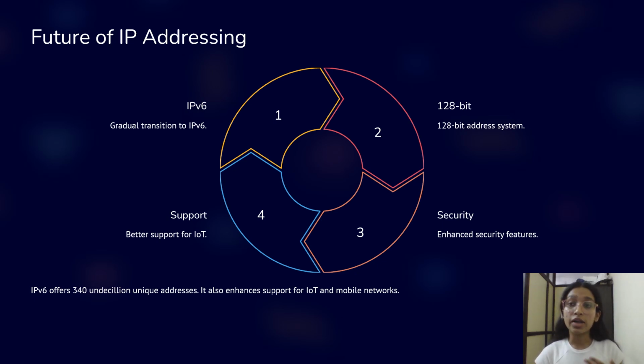It will have enhanced security features as well as better support for IoT, that's the Internet of Things. IP version 6 offers 340 undecillion unique addresses, which is quite a lot, and is actually expected for networking. Hence, it will enhance the support for IoT and mobile networks.